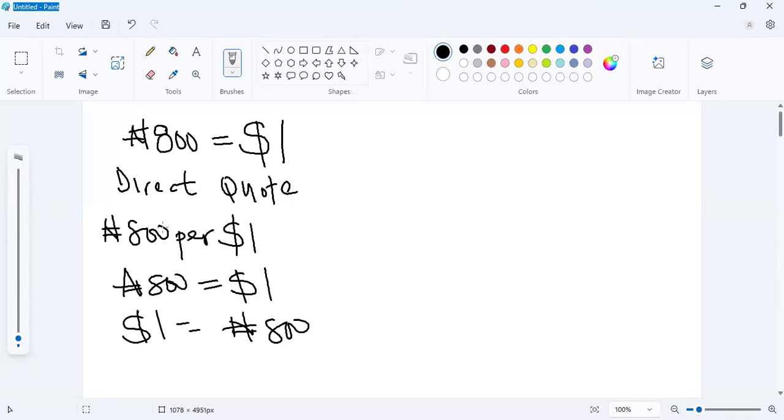Next, indirect quote. This is the number of units of foreign currency required to buy 1 unit of domestic currency.